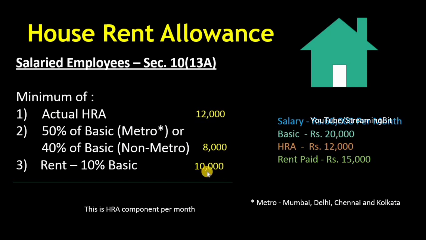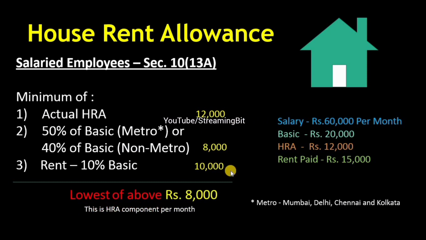What Section 10 says is the minimum of all these three. So the minimum of all these three is 8,000. So 8,000 would be the per month HRA component that an employee is eligible for if earning as per these parameters. If you multiply it by 12 months, it is around 96,000 as an HRA component.